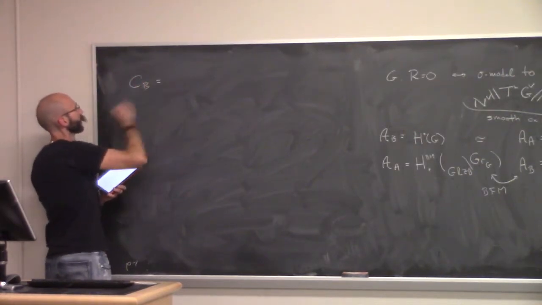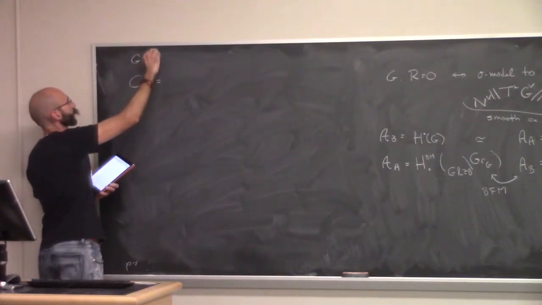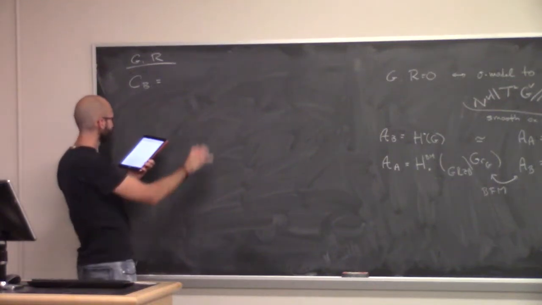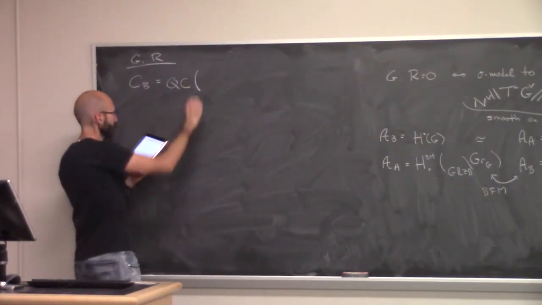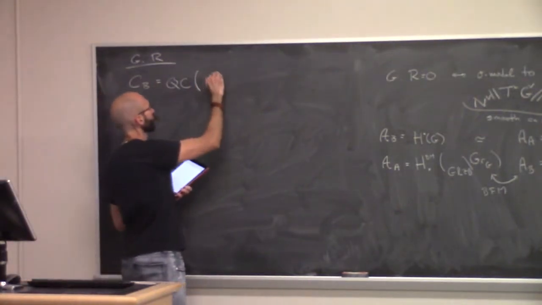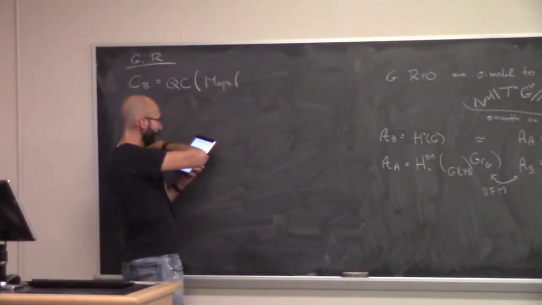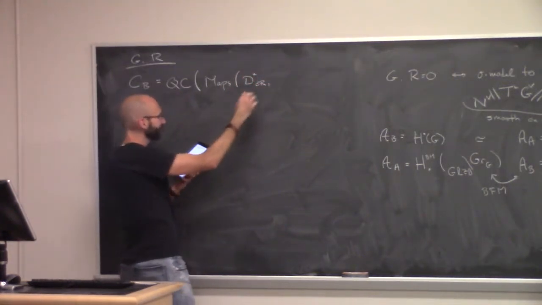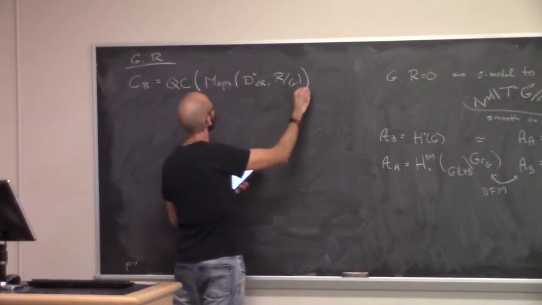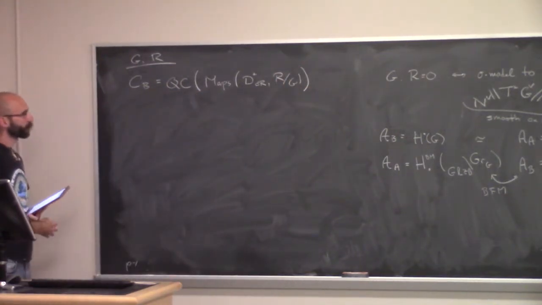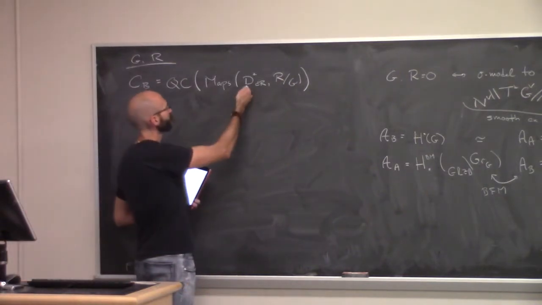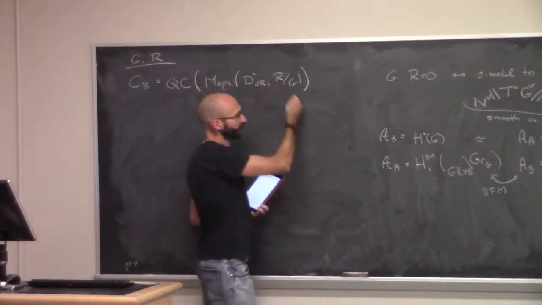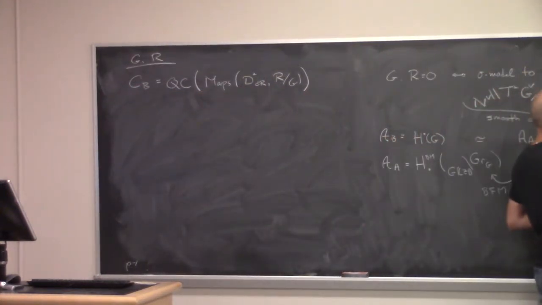And so one version of what these categories are is the following. So C_B, and I'll just give you the gauge theory statement. For group G and representation R, the B category, we think, is quasi-coherent sheaves on maps from a formal punctured disk into R mod G. This formal punctured disk is just an algebraic version of the circle.